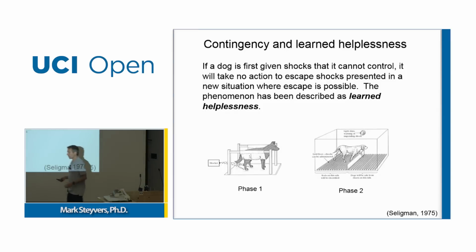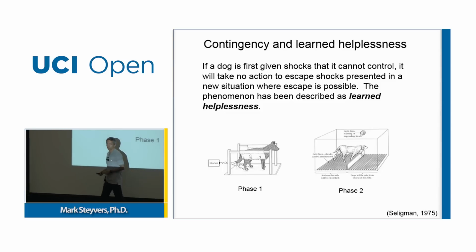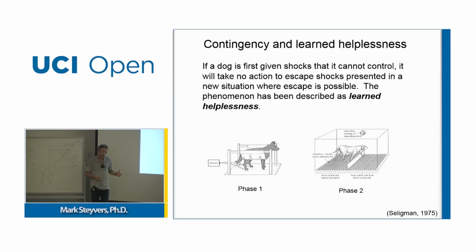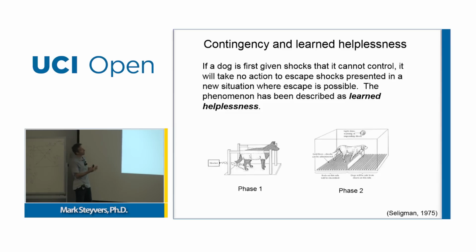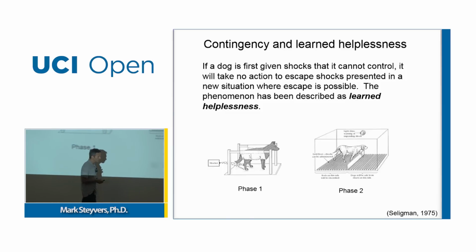Now, your belief in control, having control over your environment, can be very important for your mental health. If you place people in a situation where you don't have control, that might have very negative consequences, because it might lead to learned helplessness, a belief that you don't have control in any situation.